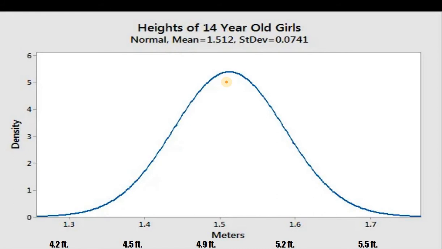Kasi nandun yung pinaka-frequent, pinaka-madami. So let's say this is frequency in millions. You have around 5 million females or 5 million people na ang height ay 4.9 feet. Alright? And then as the height goes up, bumababa naman yung quantity kasi pakonti na pakonti. Konti lang yung 5.2, konti lang yung 5.5, at mas lalong konti yung 5.5 up.